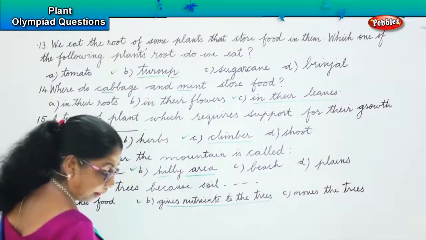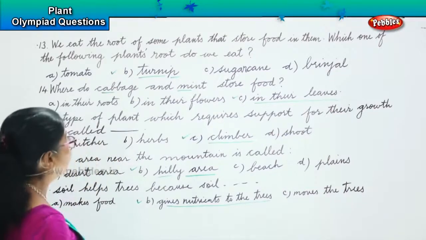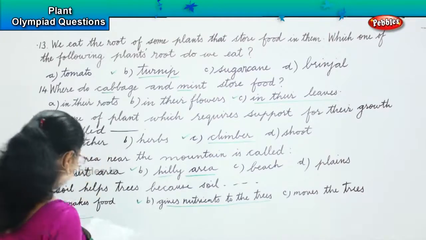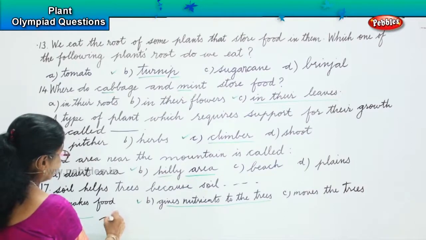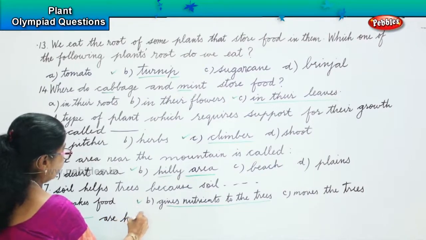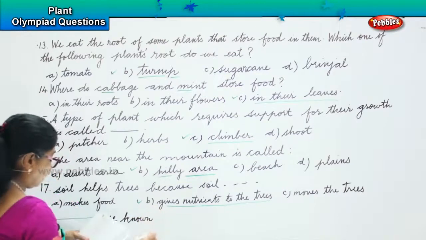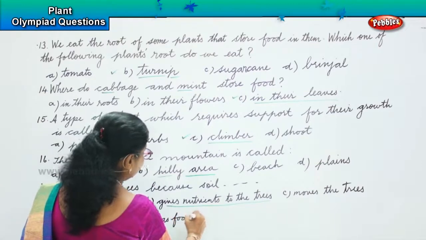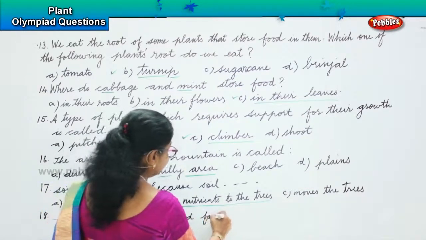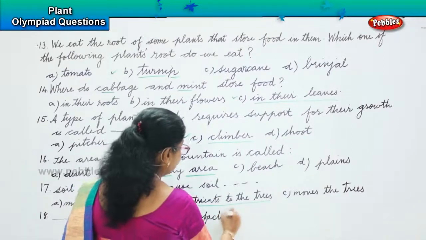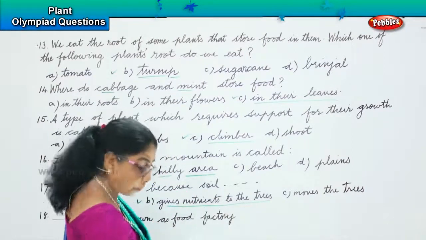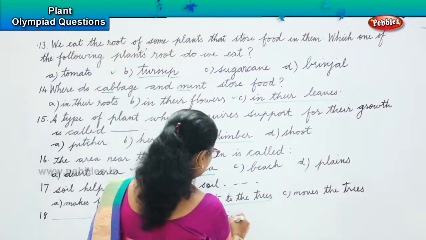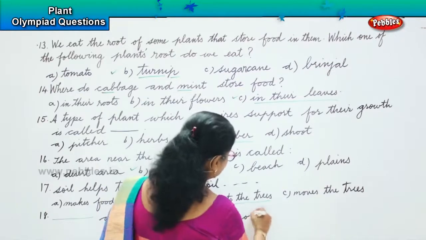So, 18th one, dash are known as food factories of a plant.